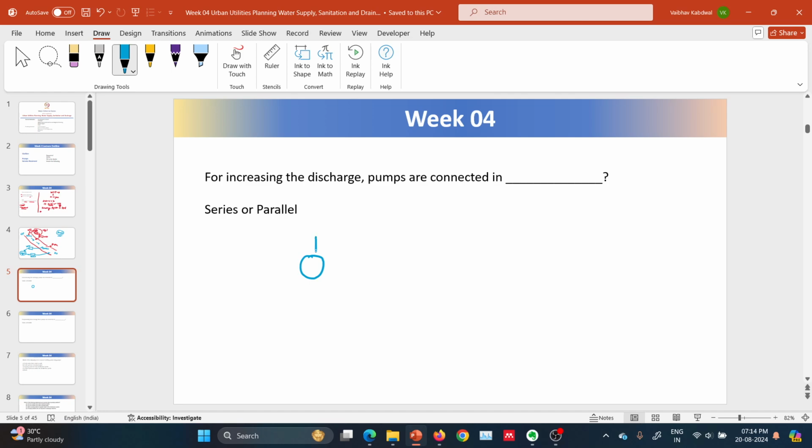So let's say I depict pump like this. If you want to increase the discharge, if I keep two pumps in parallel, let's take the scenario.